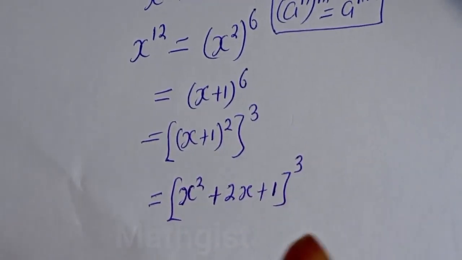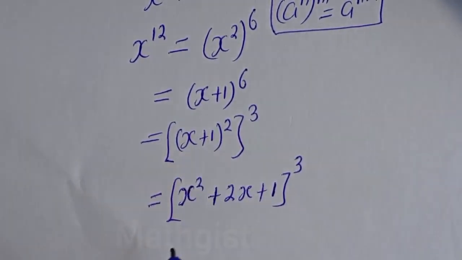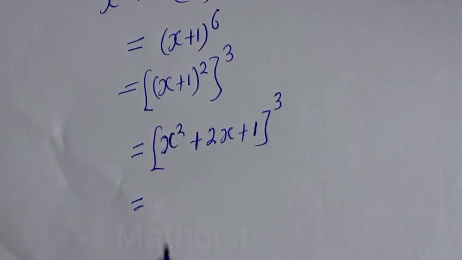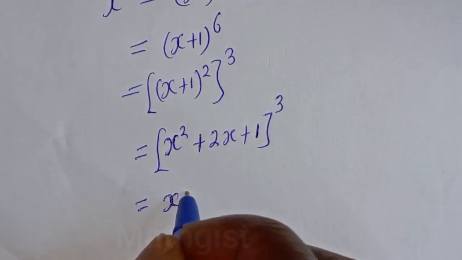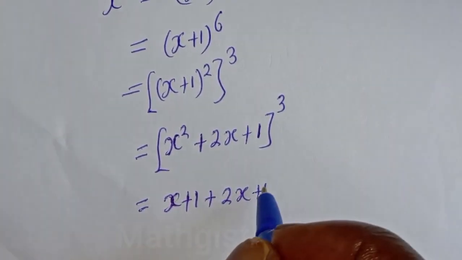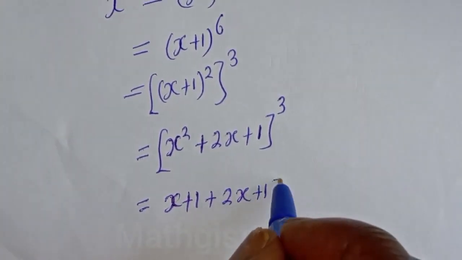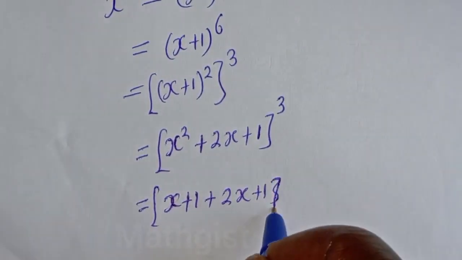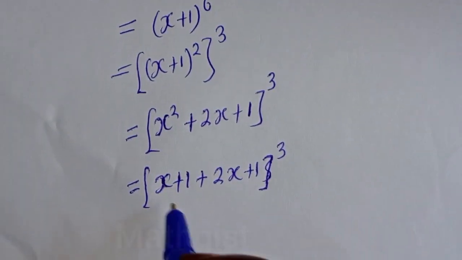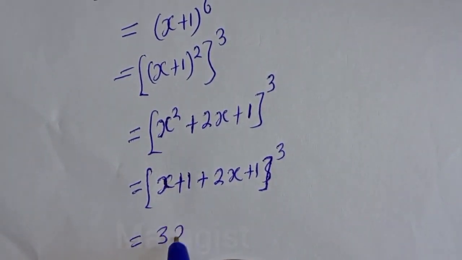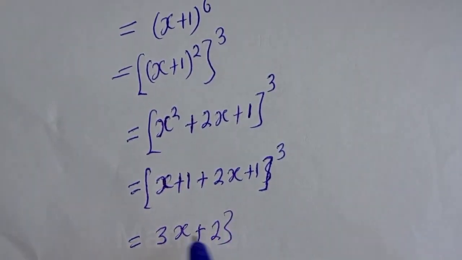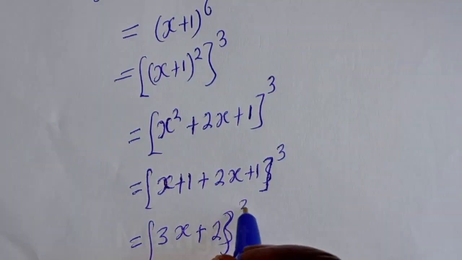We know that x squared is x plus 1. This is equal to x plus 1 plus 2x plus 1, to the power of 3. Now, x plus 2x is 3x, and 1 plus 1 is 2, to the power of 3.